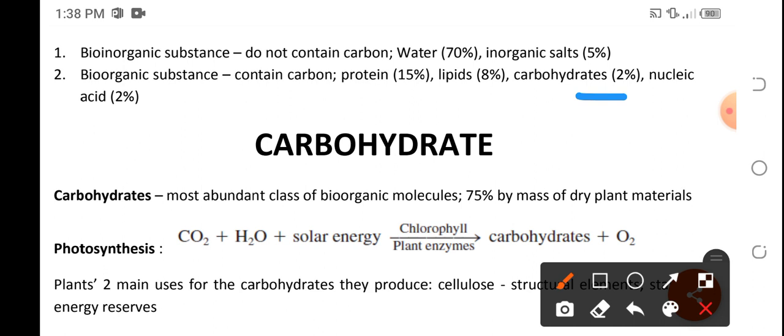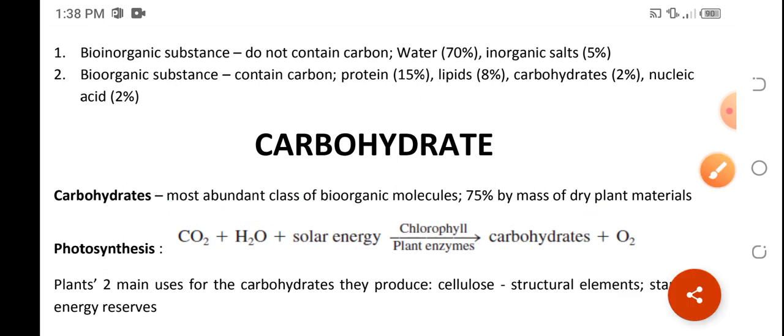Bakit? Kasi 75% by mass of dry plant materials ay carbohydrates. So, with carbohydrates in plants, siya yung pinaka most abundant class of bioorganic molecules.